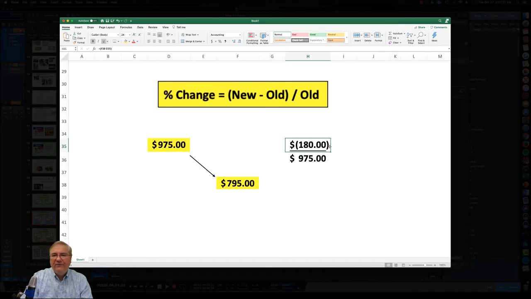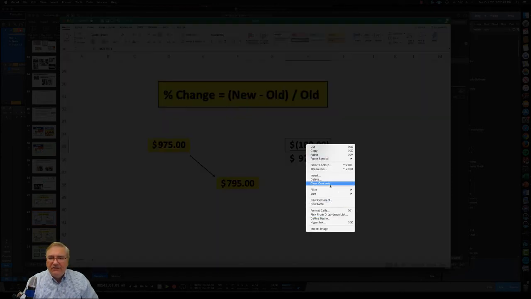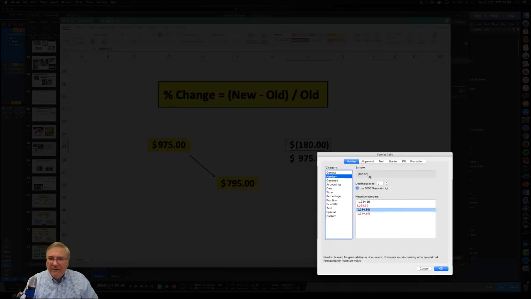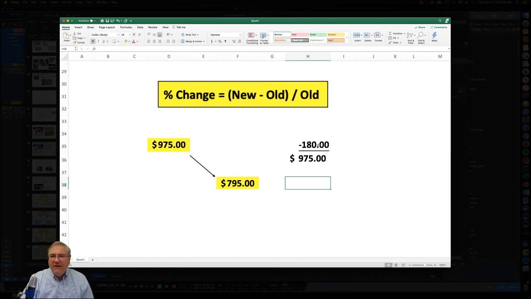You can see this represented by 180 in brackets. That's an accounting format. We could change the accounting format if we wanted to show it in simpler decimal format like this. Okay, so negative 180 divided by 975 should give us our answer.